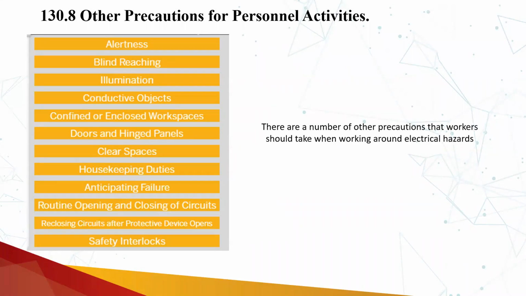If any changes happen to your safety interlocks, it is the responsibility of a qualified person to update those changes on the single line diagram as well. These are covered in Article 130.8.